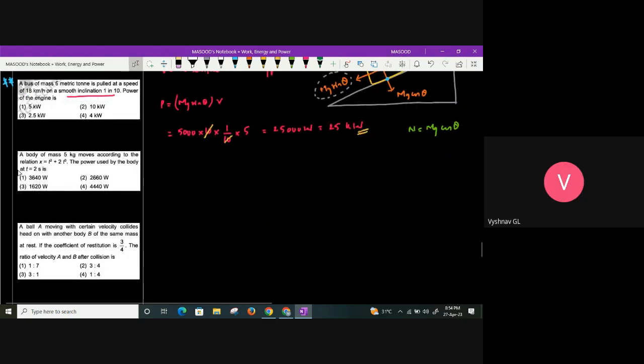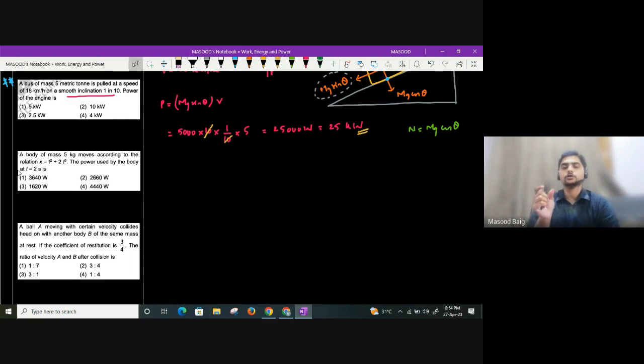So how did we know that sin theta value is 1 by 10? What is the meaning of inclination 1 in 10? You are moving 1 unit in horizontal direction. It means it is 10 units in inclined plane.